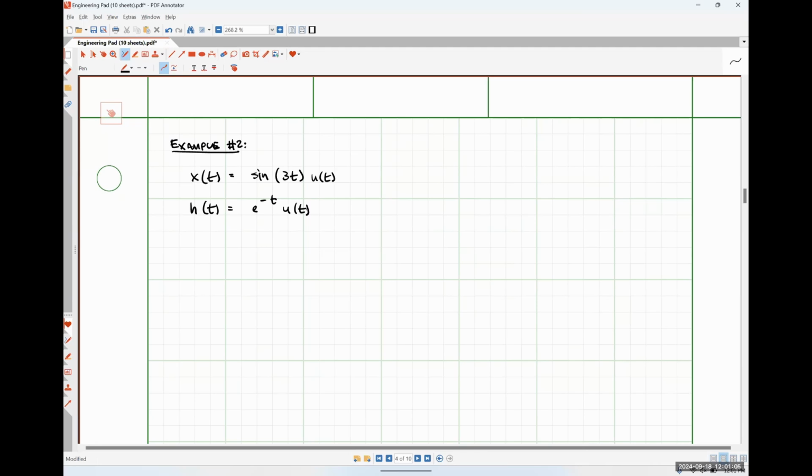So if we're finding y of t again, y of t would be the integral from 0 to t. I chose specifically here to make this guy where I'm substituting tau and this guy where I'm substituting t minus tau.